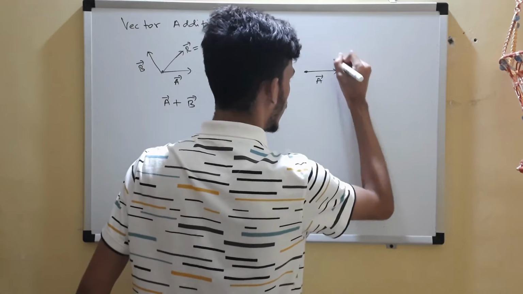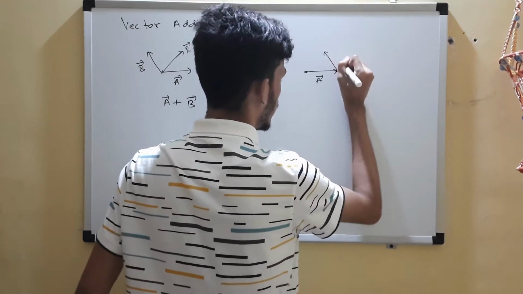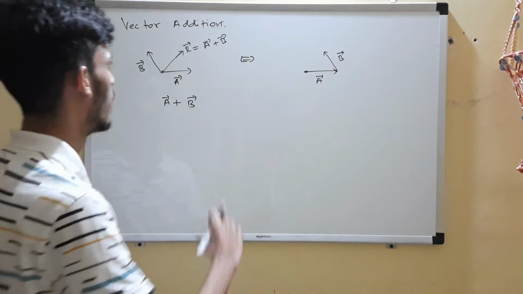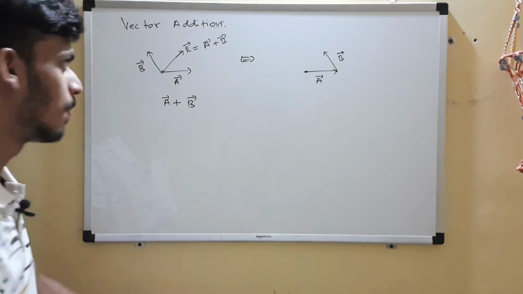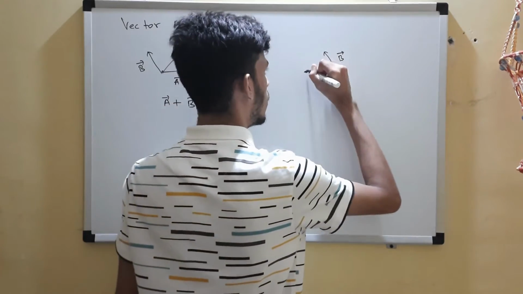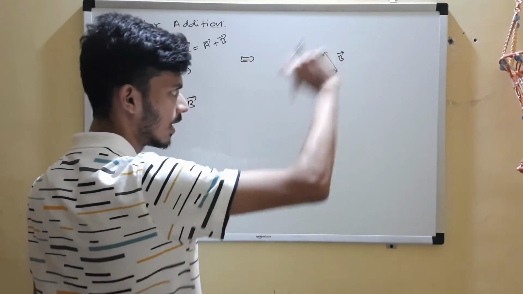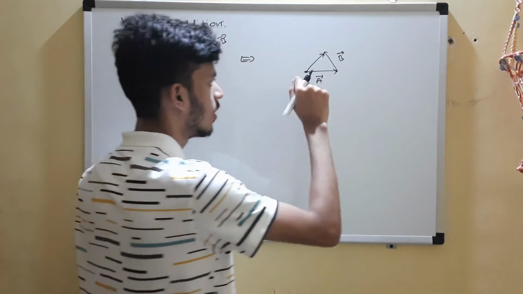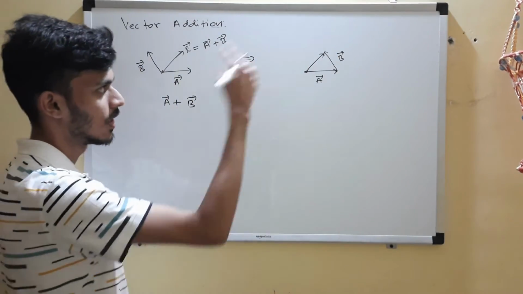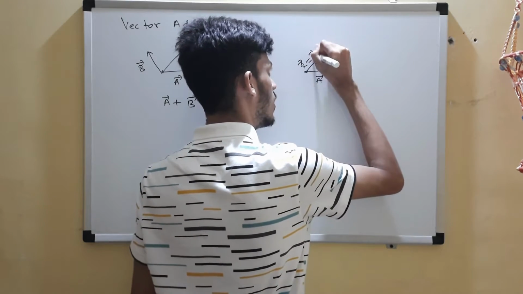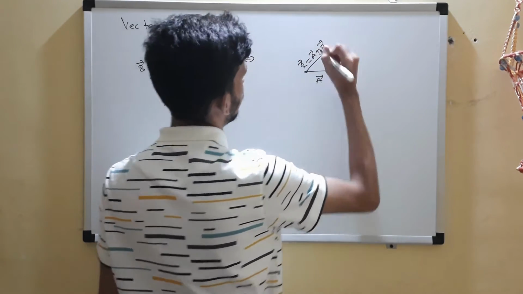Don't change its angle, the direction where it's pointing, and don't change the length. I'm not drawing it perfectly. So what does your triangle law say now? It says r will be in this direction, from the tail of the first to the head of the second. r equals vector a plus vector b.